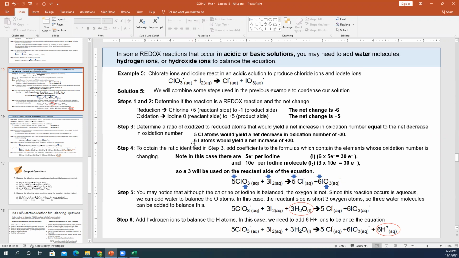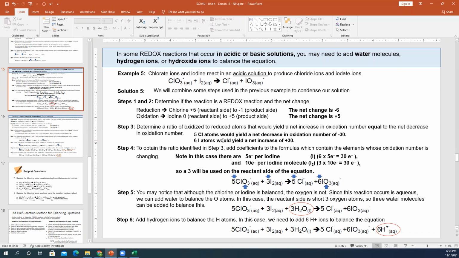And if you have 6 iodine atoms, you would have a net increase of +30. So essentially, you're trying to find the common number linking 6 and 5 together. Looking at this mathematically, what is a number that is a multiple of 6 and 5? Well, that number has to be 30.